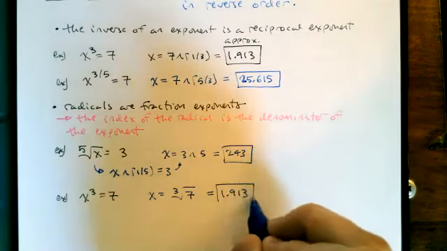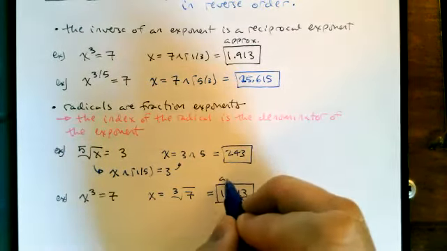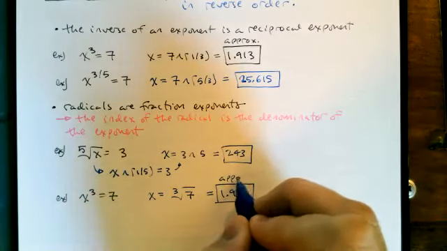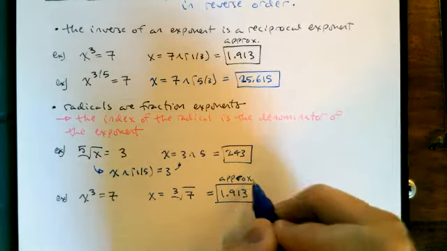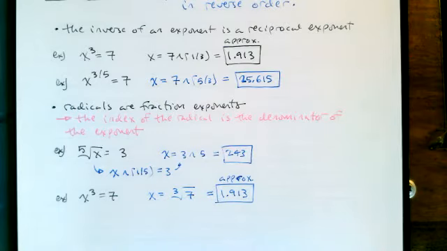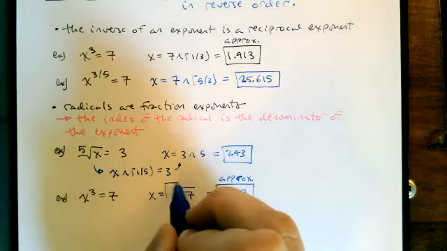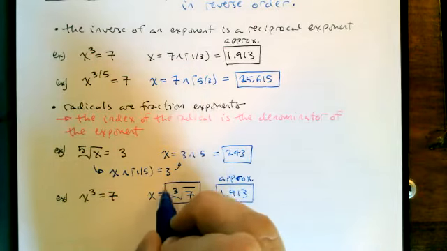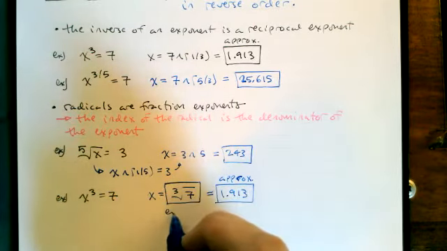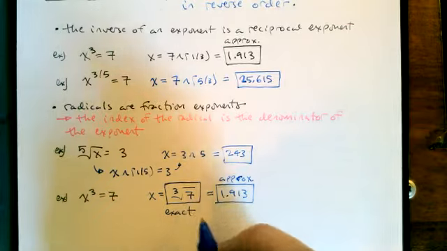So one of the points that I like to make at this point: when we grab our calculator and start doing fraction exponents, we're going to start writing down approximations. The calculator is only going to tell us the approximation. When we write things in radical form, we can look at this and say this is what we call the exact value of the solution.